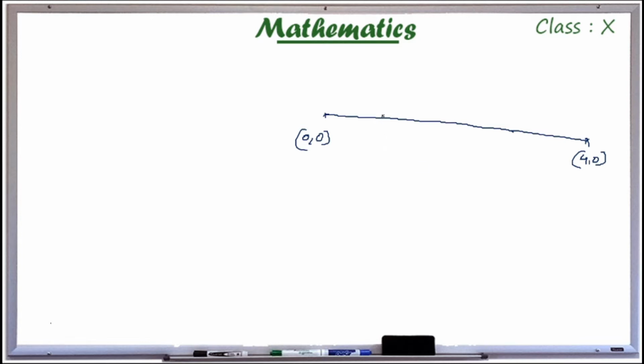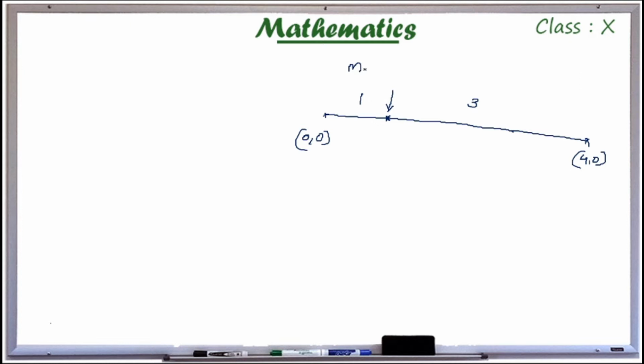And a point here divides the line, and I have to find the point of division. So first of all I have to find the ratio in which the line is divided into 2. And given here the ratio is 1:3. So we have to find the point of division.